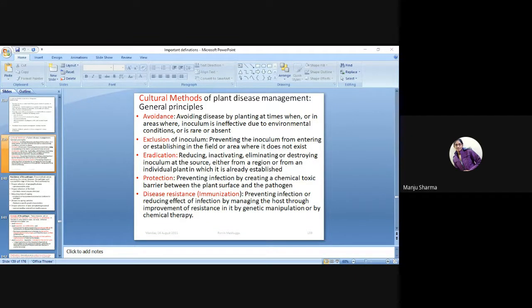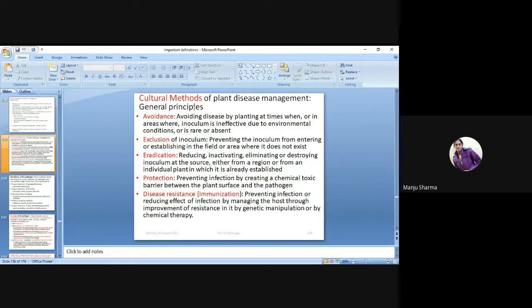Cultural method of plant disease management. So, firstly, general principles, in which like avoidance, exclusion, eradication, protection, disease resistant, that is also called immunization.